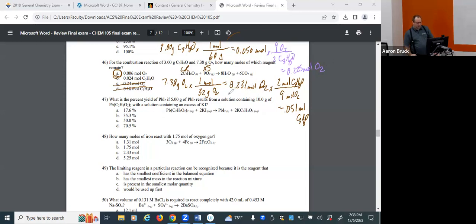So this is how much I have, this is how much I use. The leftovers would be the difference between the two. So I could get the 0.006 that way.